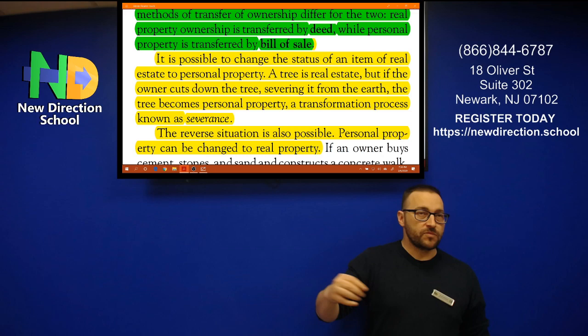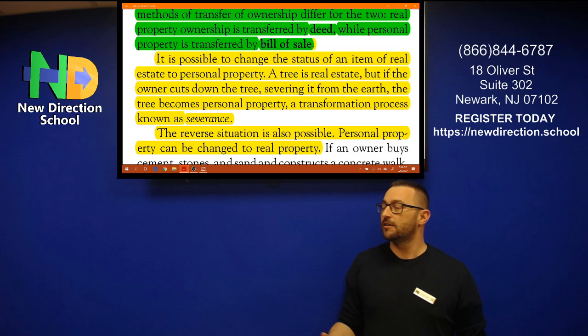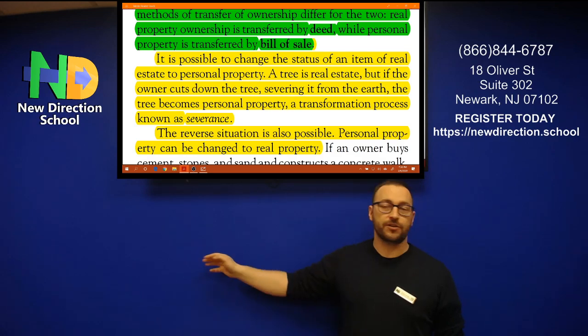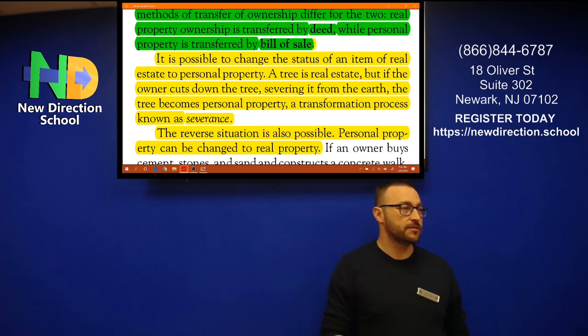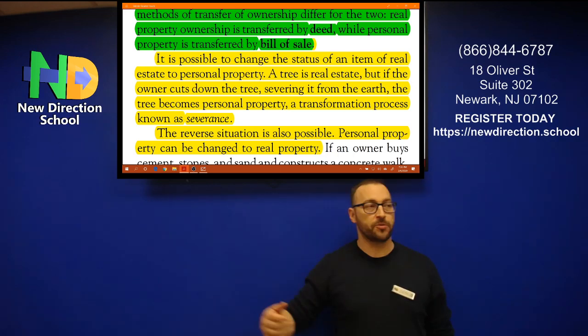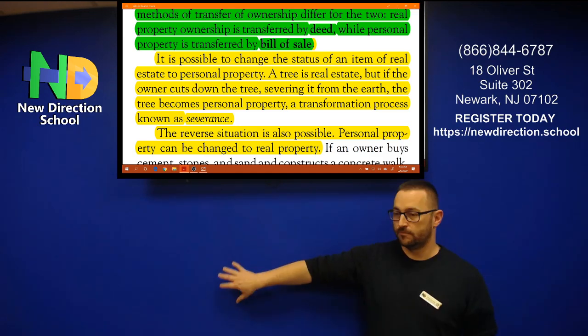Everything you brought from Home Depot, or Lowe's or anywhere else, is personal property. The moment you start building, you start attaching it to the land, right? It becomes real property. It was once personal because it was movable. Now it's fixed, immovable, real property.